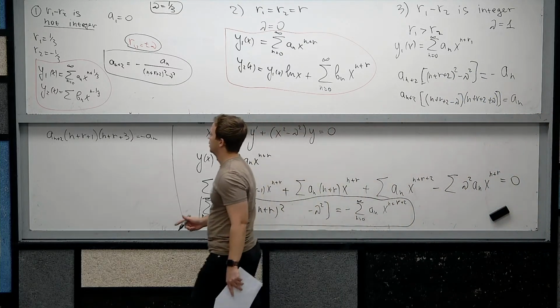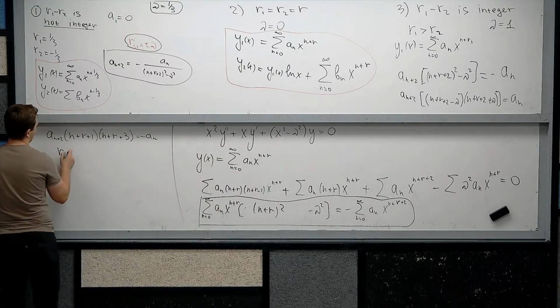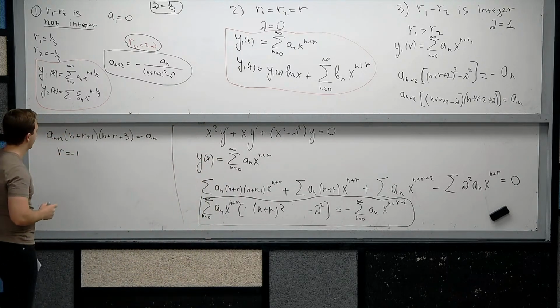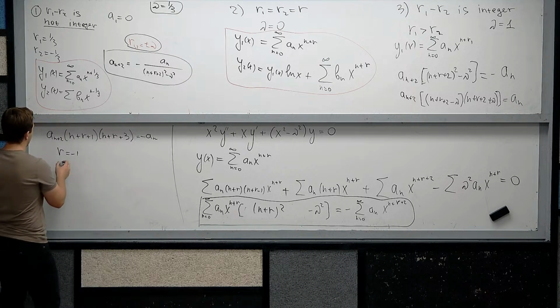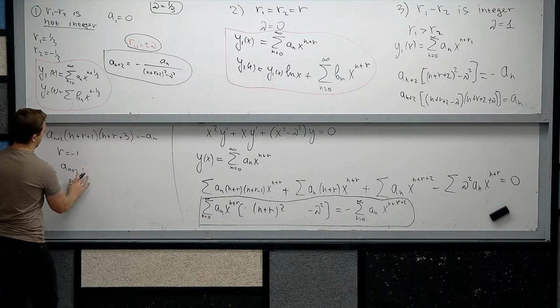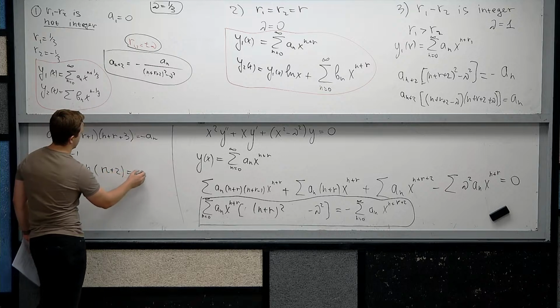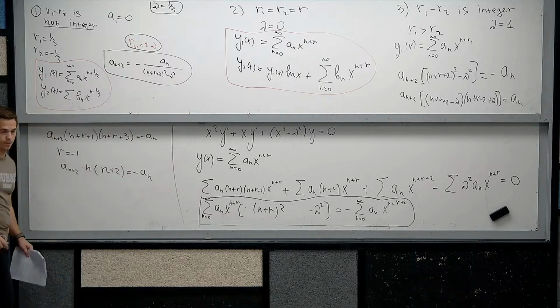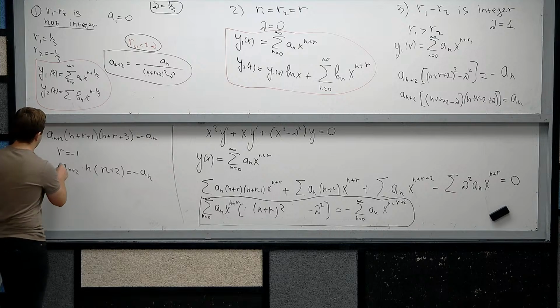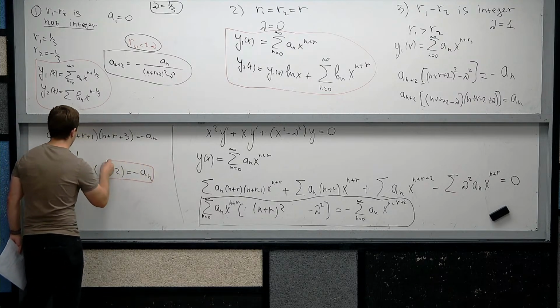Here we are dealing with r equal minus 1. So we get n for the first factor and n plus 2 for the second. So we got this recurrence relation.